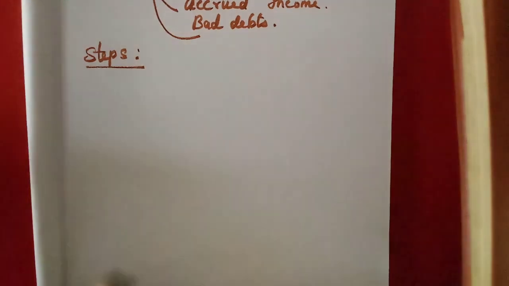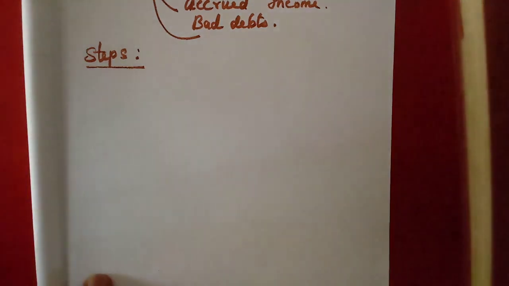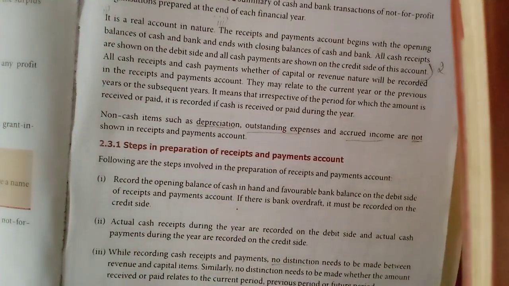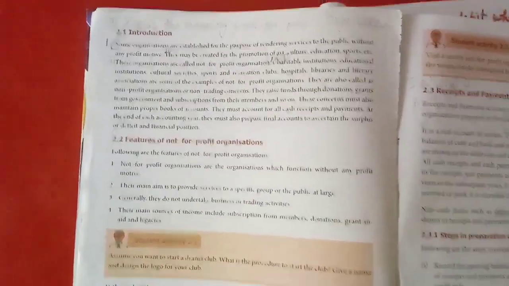Okay, now the problems we will start in the next class. Okay, Monday we will start. Now I will show you what you have to study. All this I will send as a copy later. Okay, Monday.